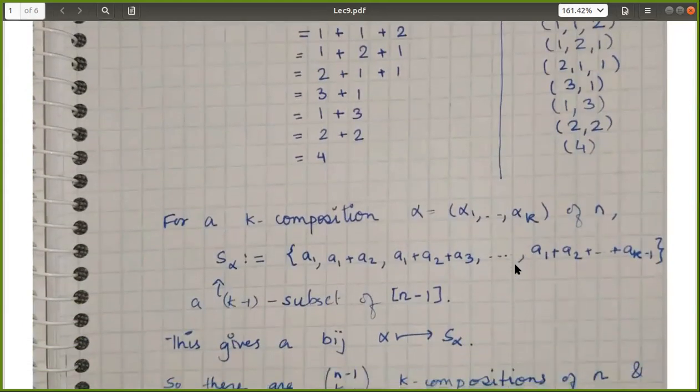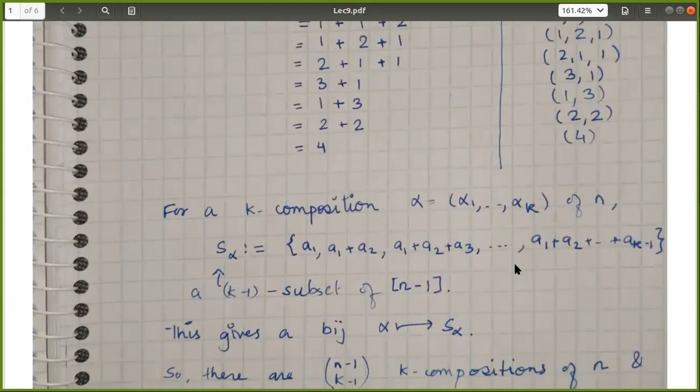Now, given some k-composition alpha, which is a1, a2, ..., ak of n, you can define a subset. Sorry, it should have been a1, a2, ak, not alpha 1, alpha 2, alpha k. So we'll make this change.